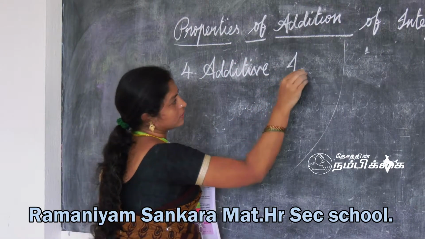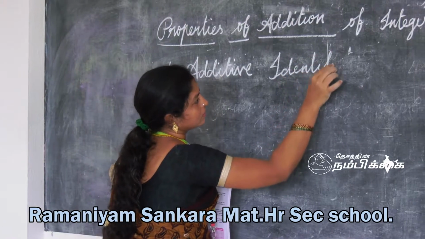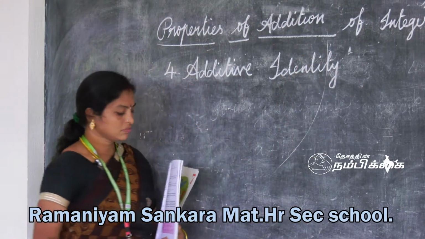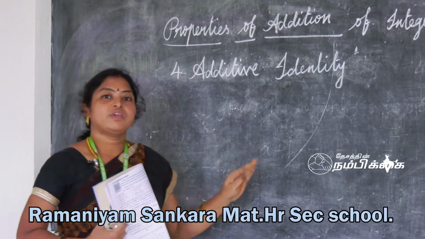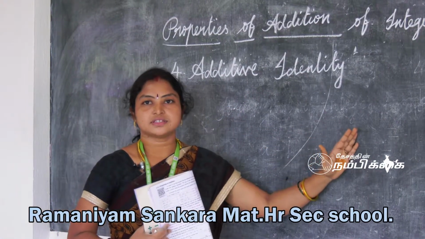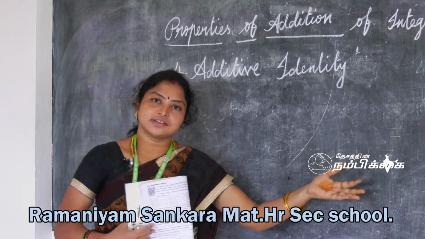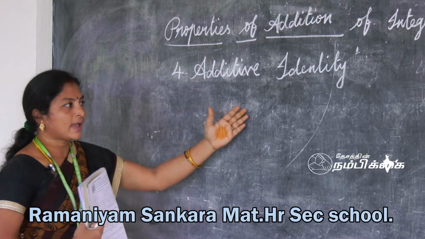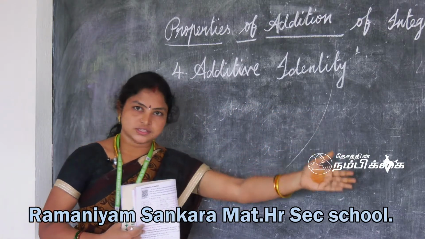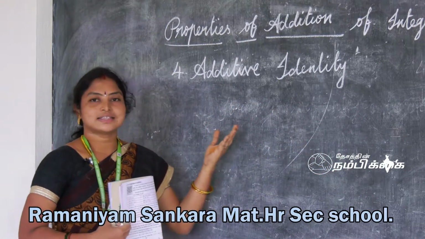Additive identity. We all know that when we add some integer to 0, what is the answer? We can get the same integer, isn't it? When we add some number to the 0, we can get the same integer.